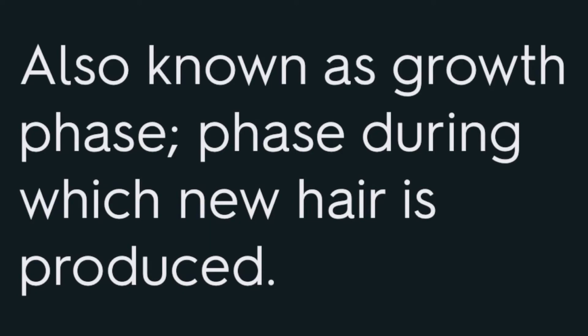So the hair goes through three phases. We will talk about those now. The anagen phase, also known as the growth phase, is the phase during which new hair is produced.